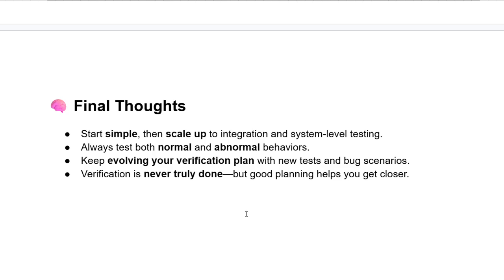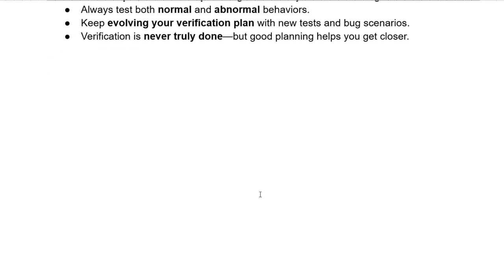Keep evolving your verification plan with new tests and bug scenarios. Verification is never truly done, but good planning helps you get closer.